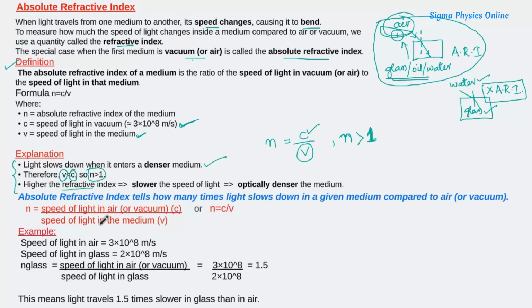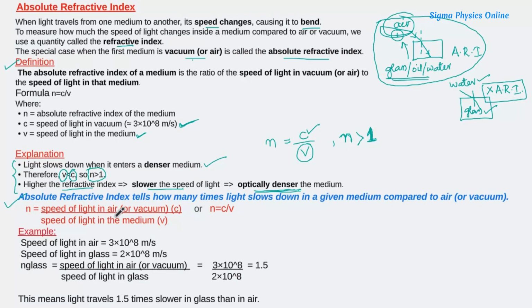Now, the higher the refractive index of any medium, the slower will be the speed of light in that medium, and thus the medium will be optically more denser. So, I hope you have understood what is absolute refractive index. So, absolute refractive index tells us how many times light slows down in a given medium compared to air or vacuum.